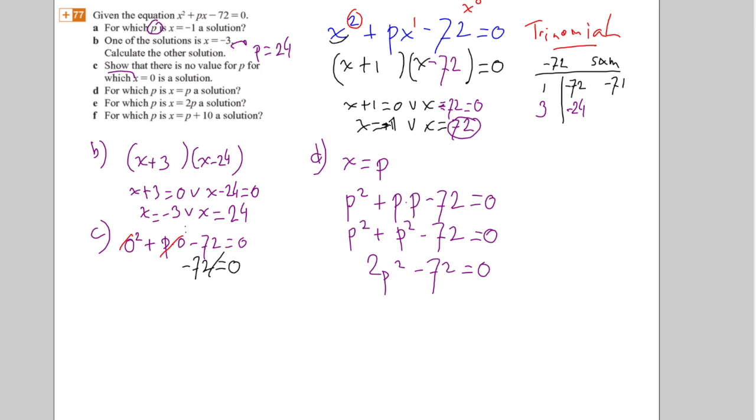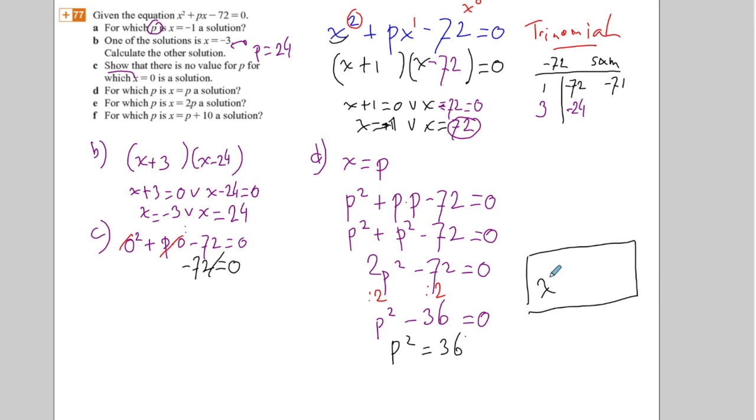Let's divide it by 2. p squared minus 36 equals 0. And because I know my squares, I know this is 6. So let's just make it p squared equals 36. And now I remember theory, x squared equals c, and c in this case bigger than 0. So I do have two solutions. And in this case, it's easy because I have p equals 6 or p equals minus 6.